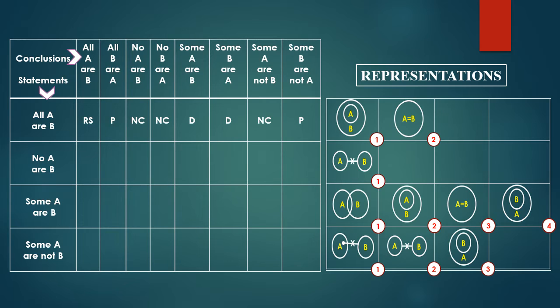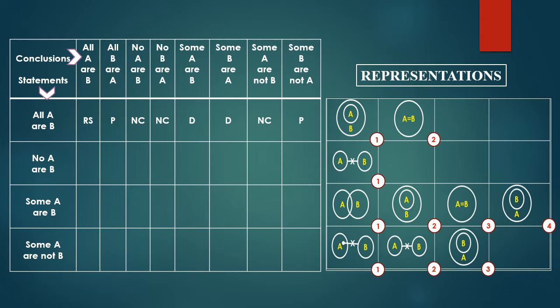Why so? Let's try to understand with the first diagram. Since all A are inside B, it's obvious that some part of A is also B. In the second diagram also, when all A equals B, it's obvious some part of A is also B. And at the same time, when I say some A are B, it's obviously some B are also A. So for all A are B, both some A are B and some B are A are definite conclusions.